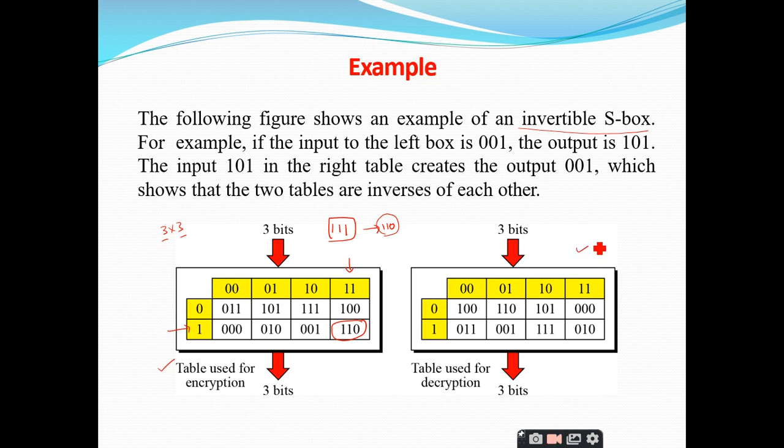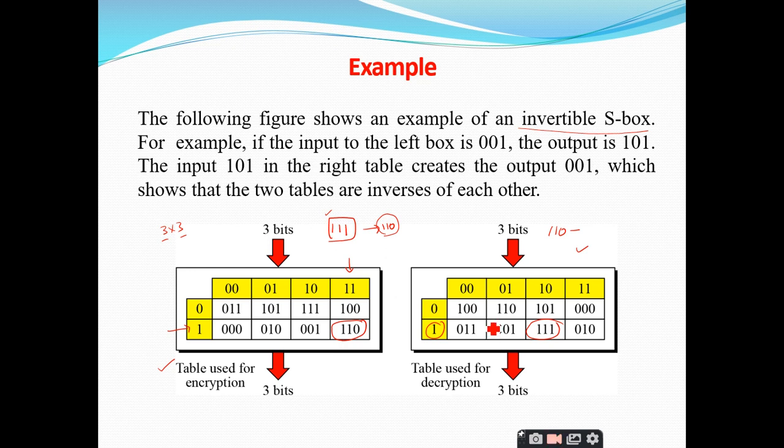So this is the inverted table that is used. Let me ask you the question, what is the output of 1 1 0? Triple 1, sir. Triple 1, right? So 1 1 0, 1 is here, 1 0 is here, we are getting this one. So when we use this inverse table, are we getting the same text or not? Yes, sir.